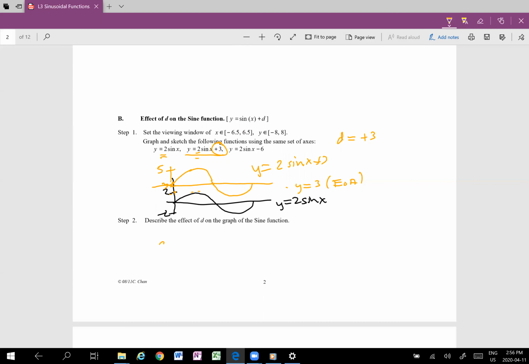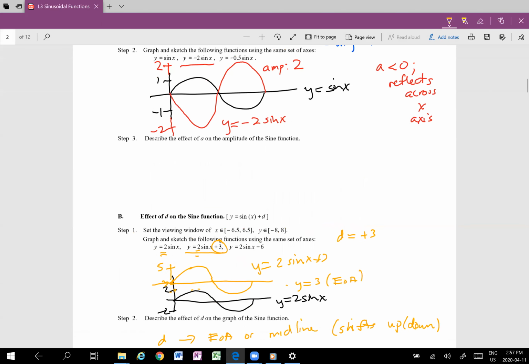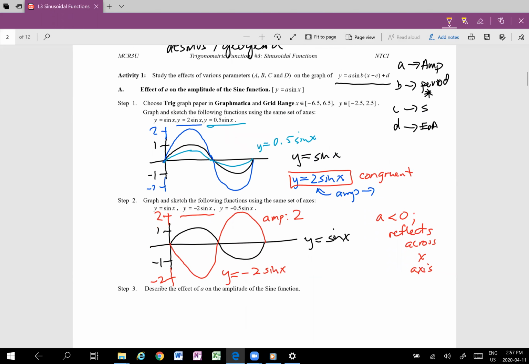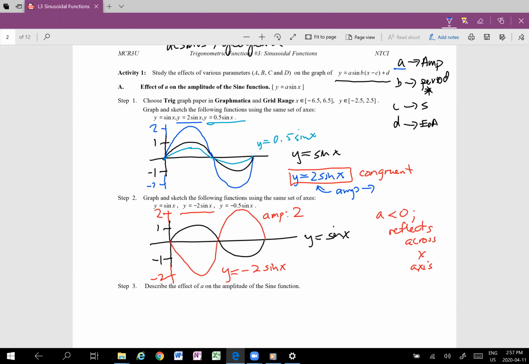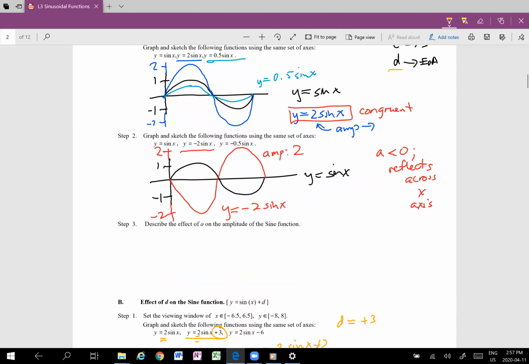Well, D is the same thing as the equation of the axis, or the midline, and it shifts the graph up and down. I already know that. That's why the amplitude, the A, and the equation of the axis, those two tend to be the easiest ones.